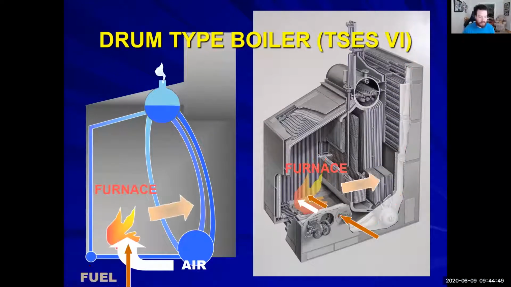Any of the heat generated, anything associated with the burner is going to travel up and go through all of these tubes and out through the stack. Remember, it's going to basically all encompass this area.